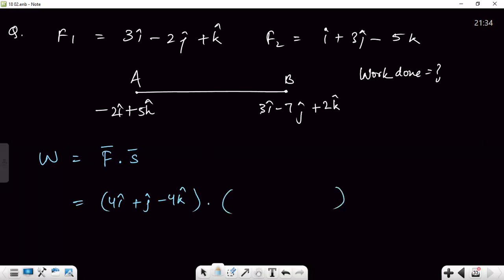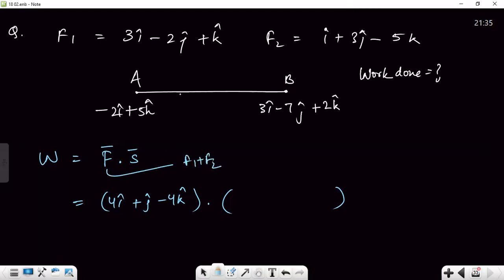So let's find out the position vector of the displacement from A to B. We'll find out the AB vector this time. How will we find out the AB vector? See, for finding the net force, we added: the net force is F1 plus F2.